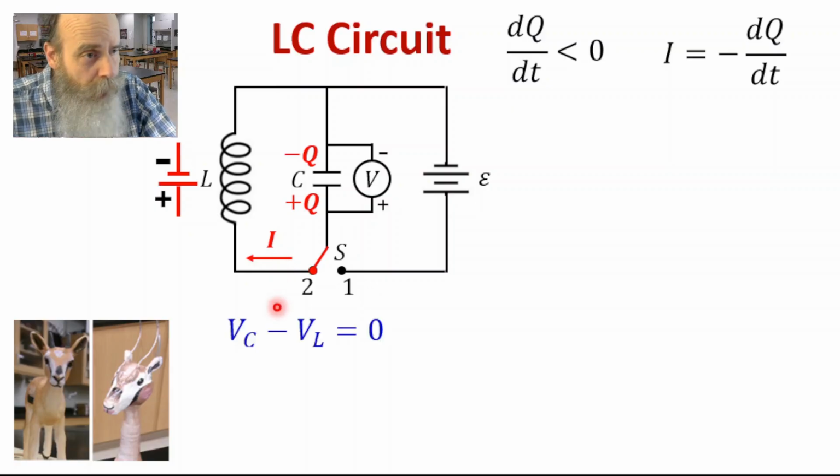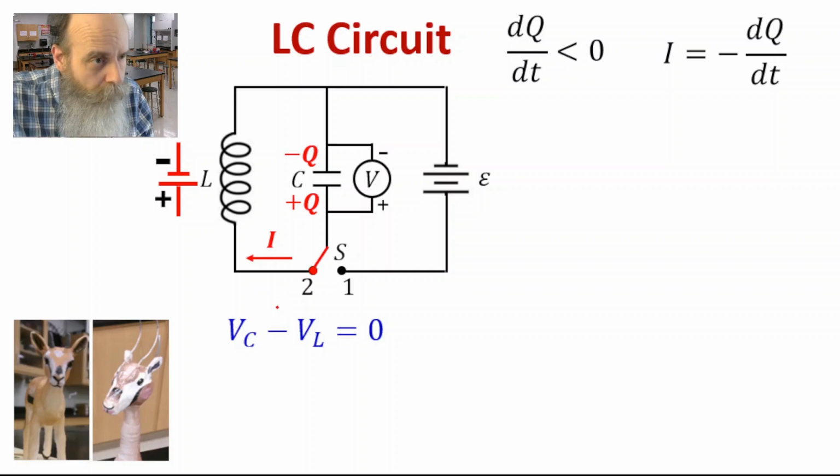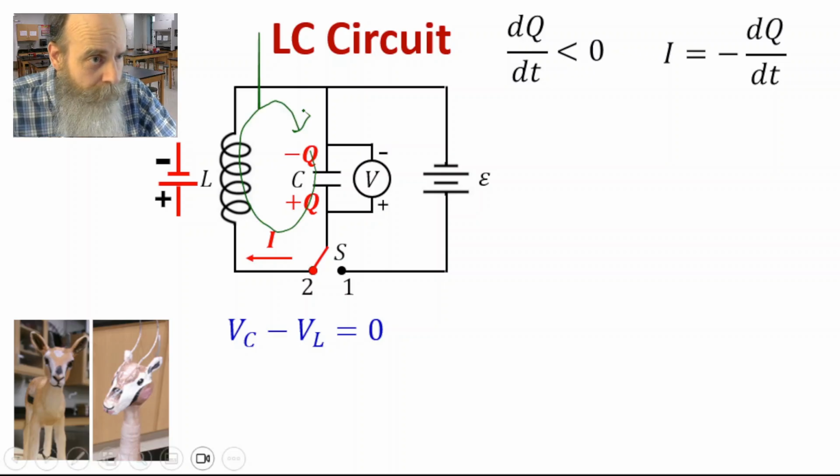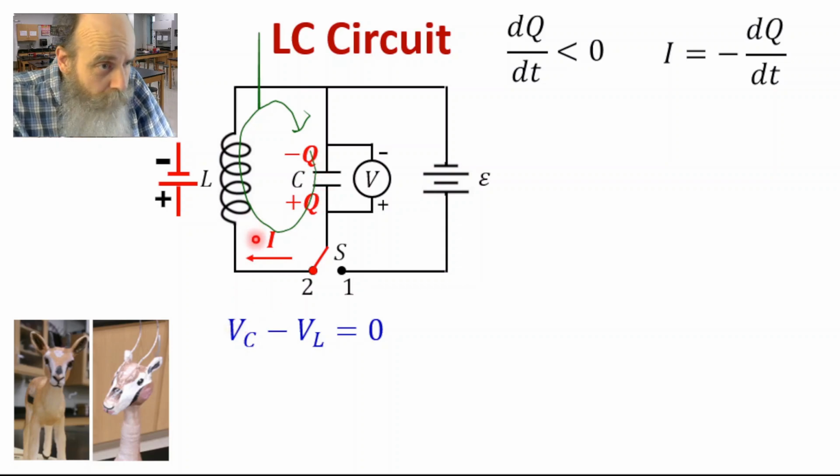Let's apply Kirchhoff's loop rule to this circuit. Let's start here at the capacitor and just form a loop that goes around like this. So first thing that happens is an increase in potential through the capacitor, so VC, and then when it goes through the inductor, there's a decrease in potential.